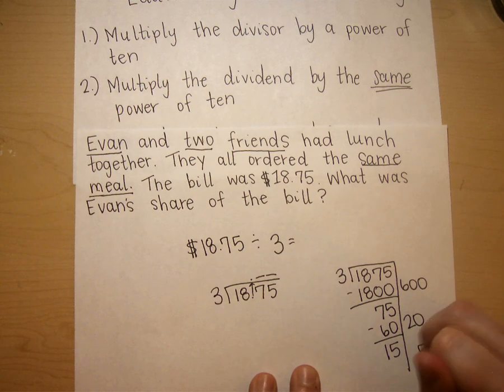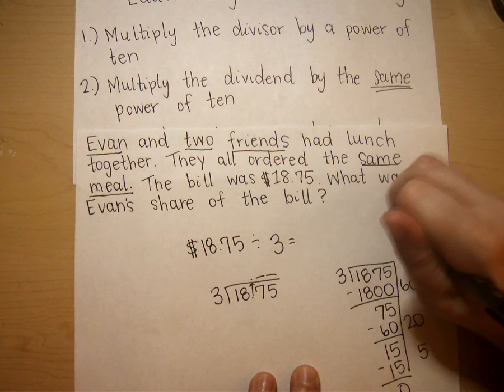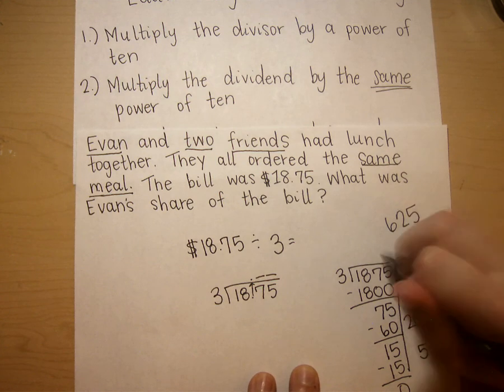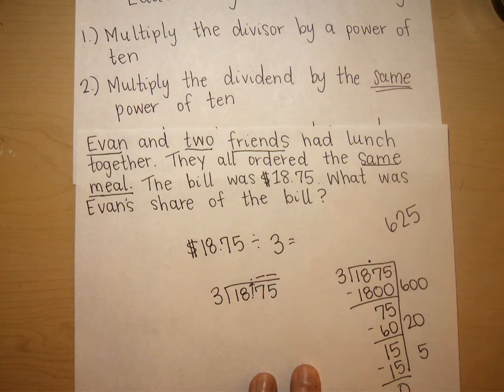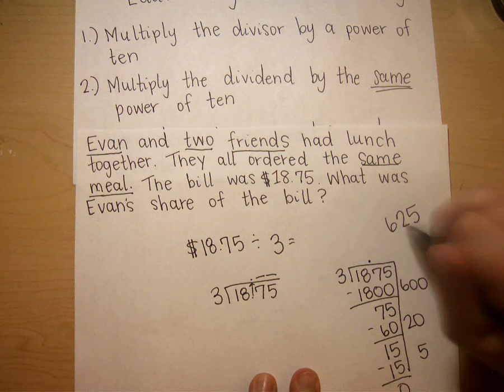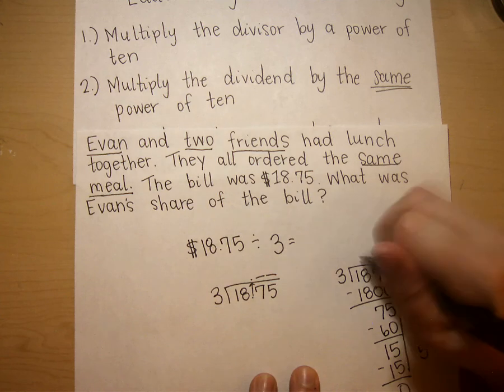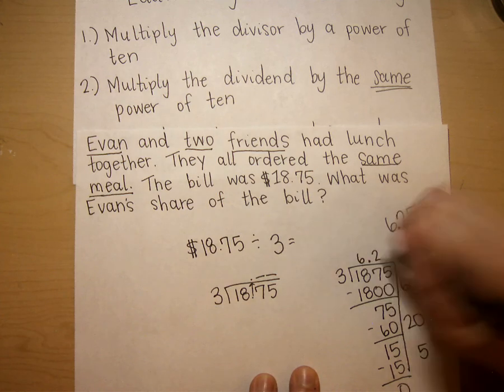I can find 5. 5 groups of 3 is 15. So then my answer is 625. I know my decimal is waiting right there. I know my answer has to go to the hundredths place, so it would fit in there. Or you could write it as 6.25.